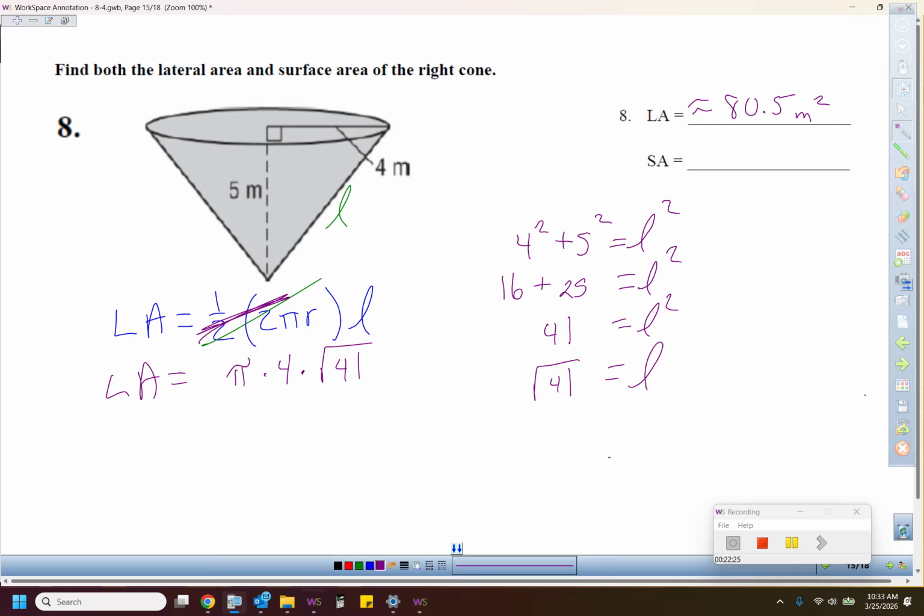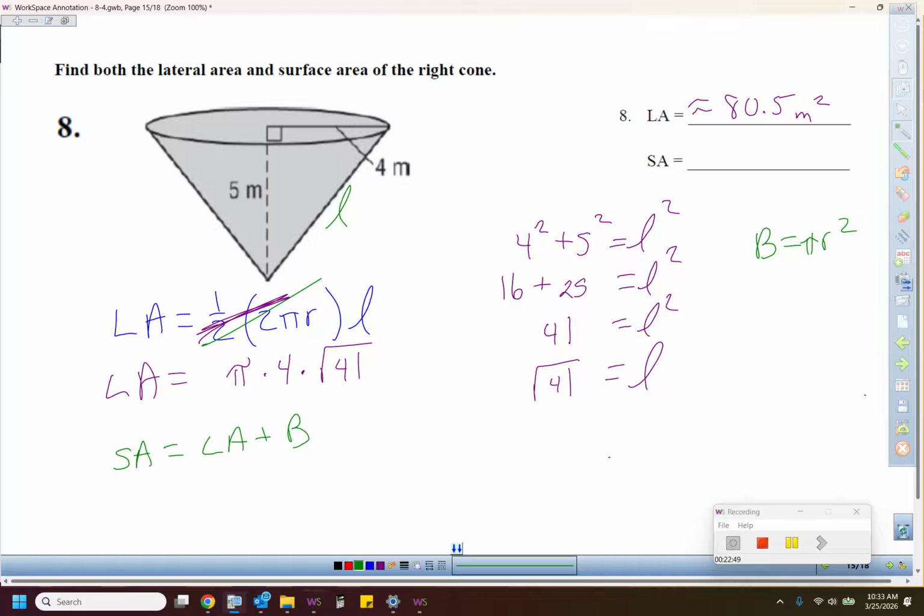Because obviously the next question is find the surface area, and don't we have to use the lateral area and add one base area to it? So here's what we'll do. We'll do the surface area equals lateral area plus one base area. Going off to the side to find that base area, pi r squared.